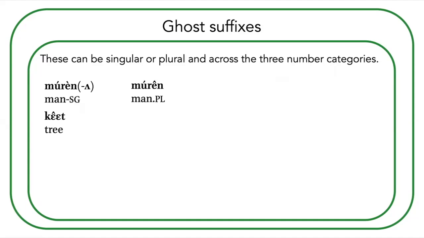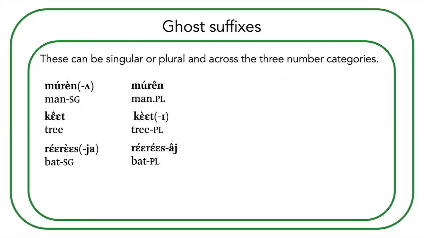You have tree, which has no ghost in the singular, but has a ghost in the plural. And you can also get words like bat, which have a ghost singular suffix and a plural non-ghost suffix. So some of these ghosts can be suffixes in their own right.